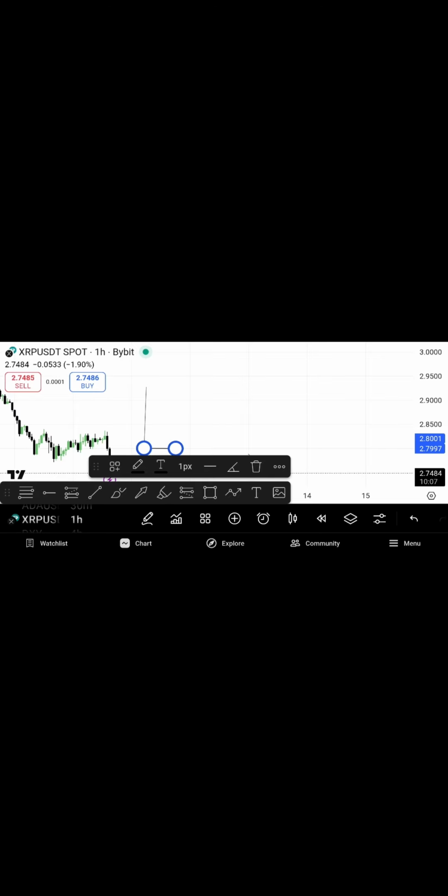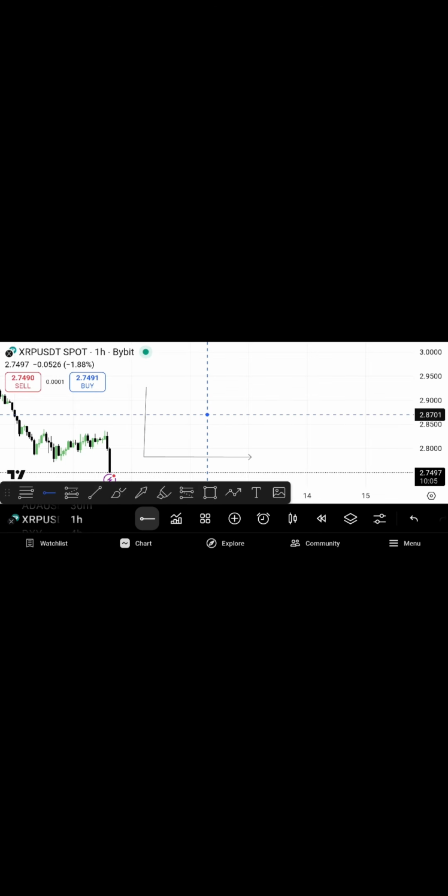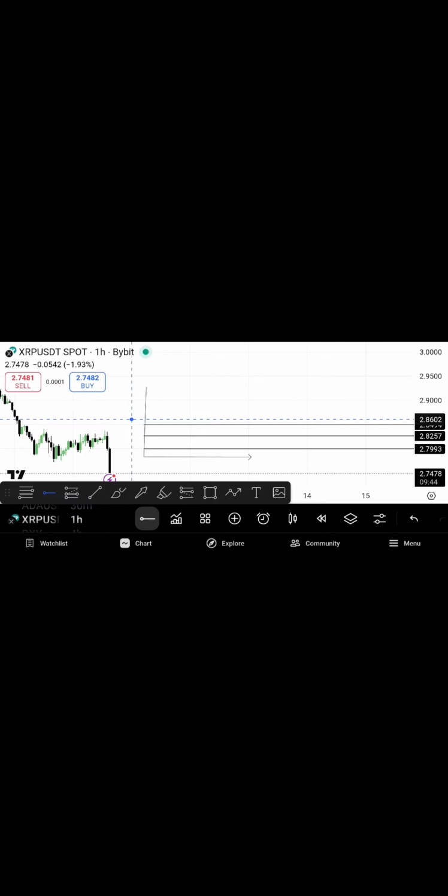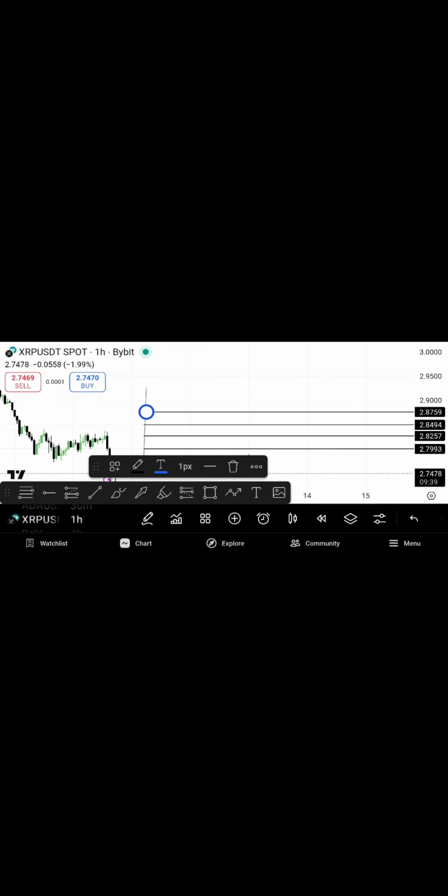Let us add it horizontally. It starts from price like this. For example, this is your first price, this is your second price, this is your third price, this is your fourth price, and this is your fifth price, the last one.